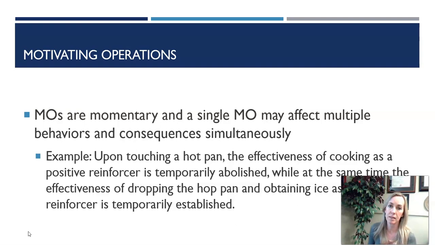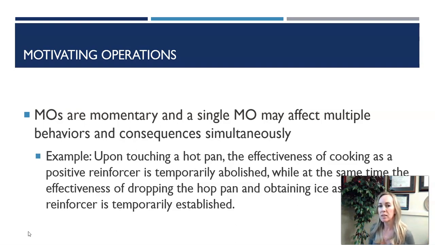And then instead, what are we motivated to do? Stop the pain in our hand. So we're motivated to get ice for your hand instead of continuing to cook. So all of that could happen in one instant, where one moment all you wanted was to eat, but then the next moment you no longer care about that and you're caring about the hot pan.